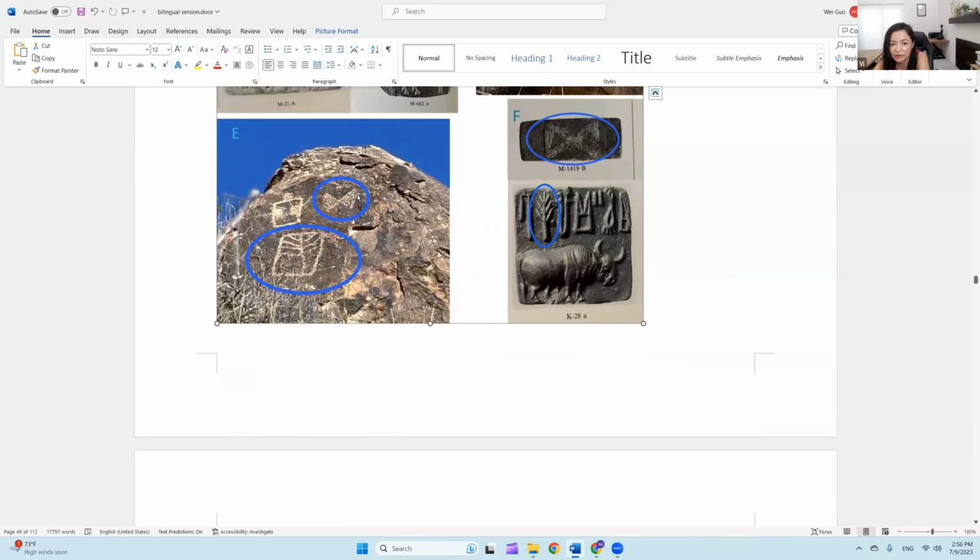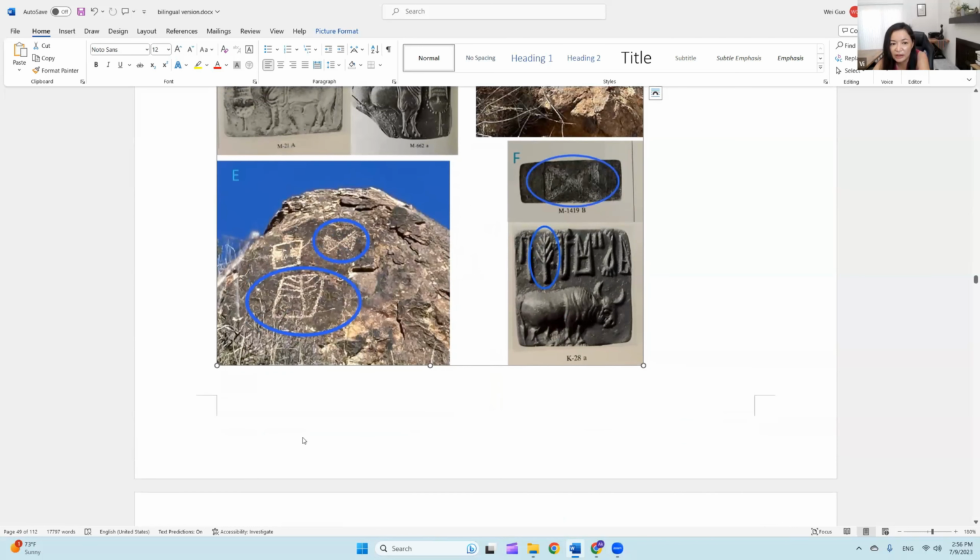Next to it, it seems these 3 petroglyphs are in the same style, but this one is similar to this sign. And in the script signs, they have a tree with 2 branches. I was gonna say that. Yeah, they have different branches. I exactly find the 3 branches on each side. This one is 3 branches.